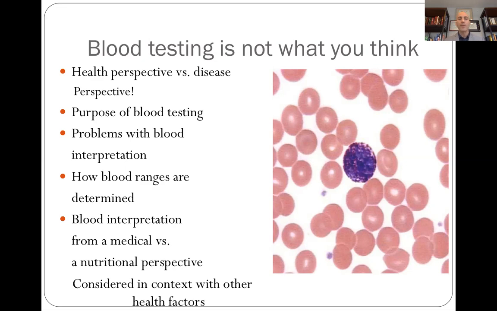And then there's the fourth bullet on how blood ranges are determined. Now I'm talking about ranges now. So for example, we're going to talk about a little bit over 10 different examples of blood tests that, for example, like cholesterol that has a range, what's called a clinical range or a normal range on a physical blood test, let's say of 0 to 200.